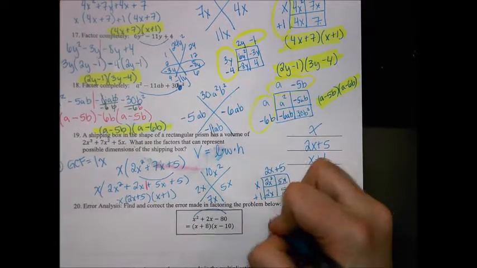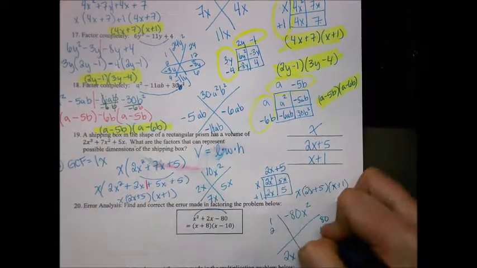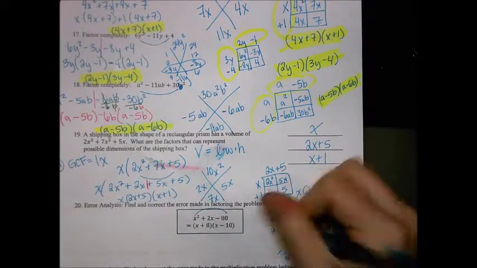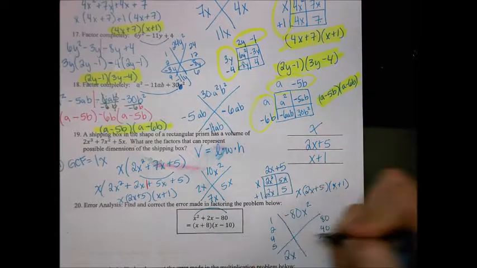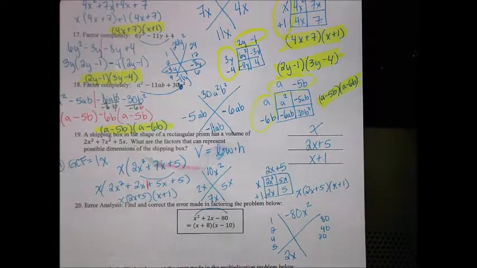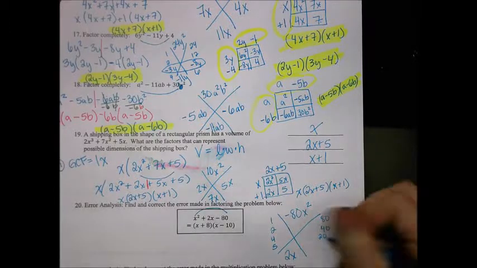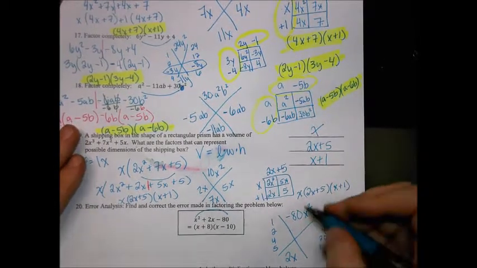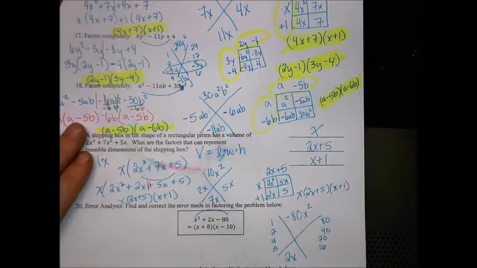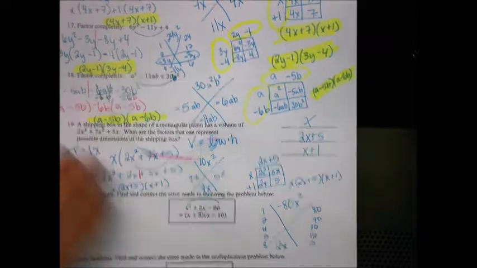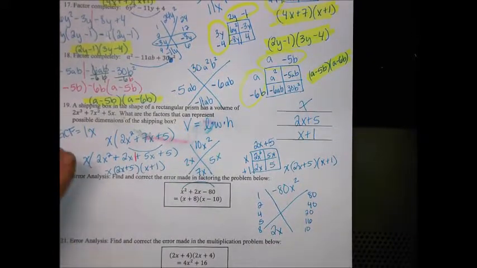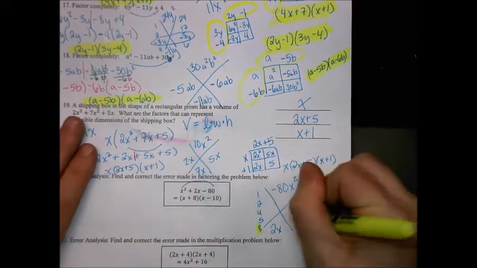The factors of 80 are 1 and 80, 2 and 40, not 3, 4 and 20, 5 and 16, not 6, not 7, 8 and 10, and not 9. All right, the only ones that are 2 apart are 8 and 10.